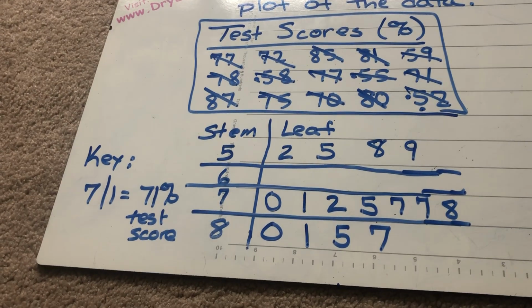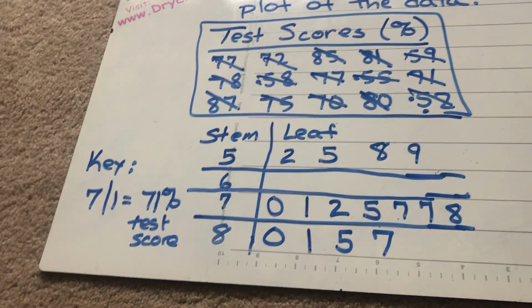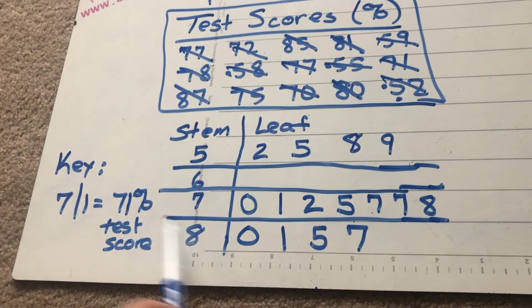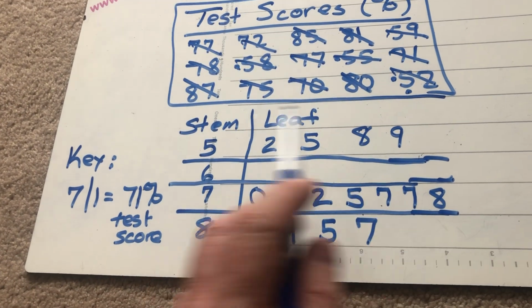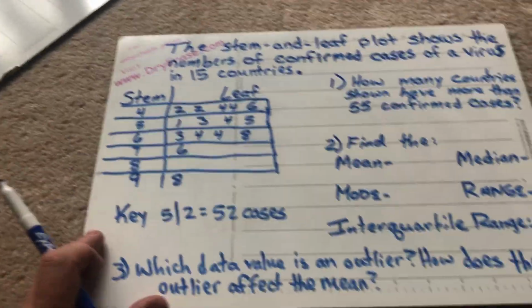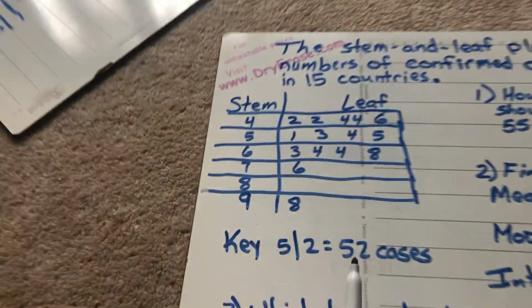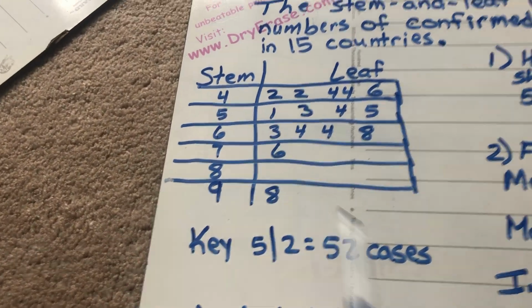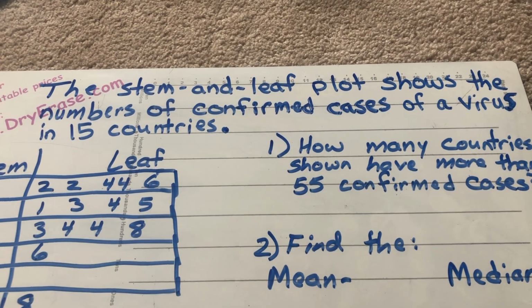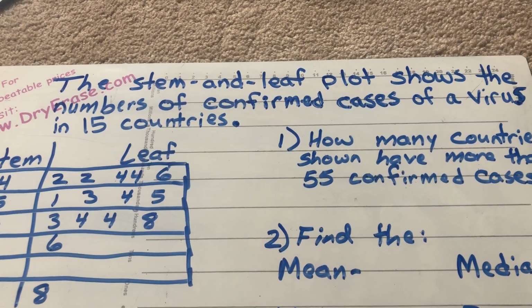So that's going to be the first part of your assignment, actually creating a stem and leaf plot given some information. And this is what you need to have, the key, all that. Not too difficult. Now, the second part of your assignment today is actually going to give you a stem and leaf plot like this, okay? And it says the stem and leaf plot shows the numbers of confirmed cases of a virus in 15 countries.